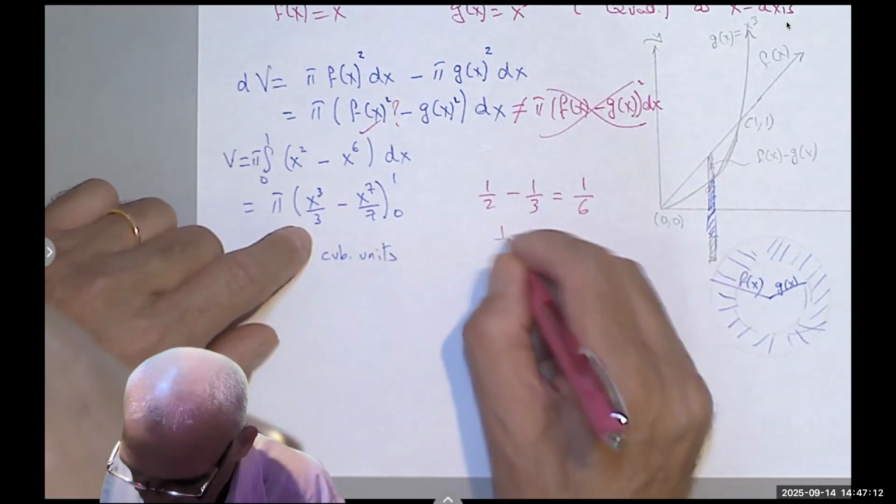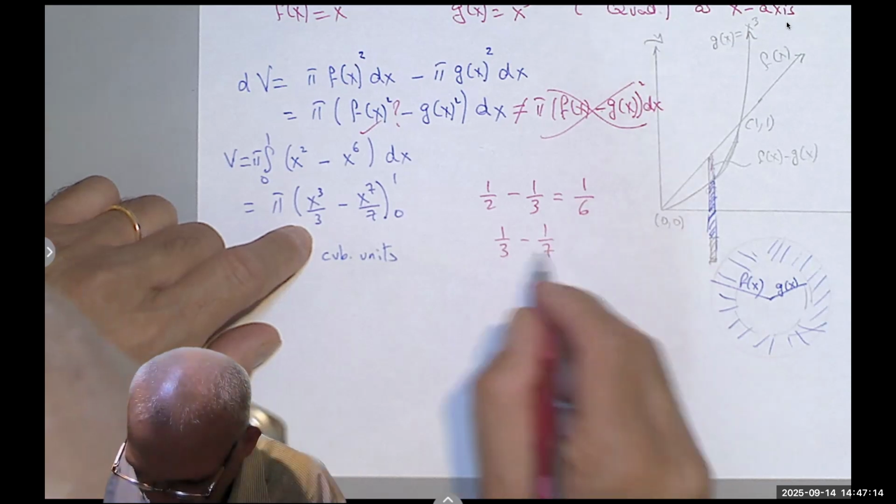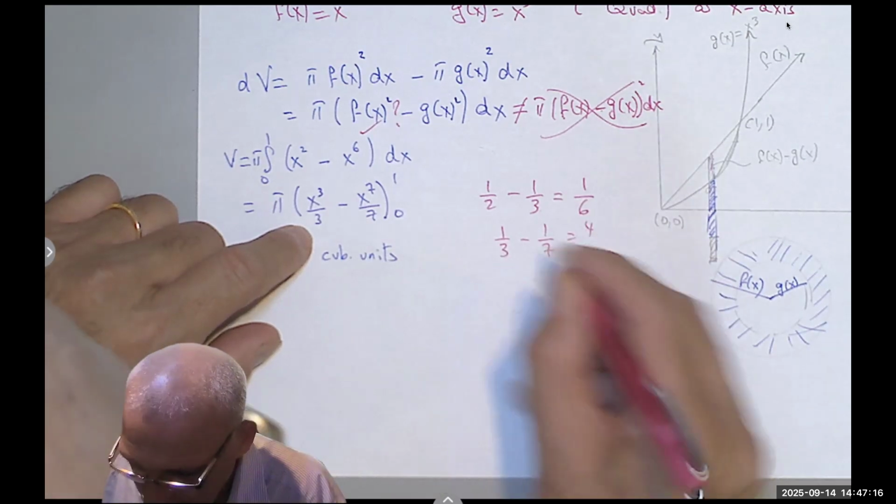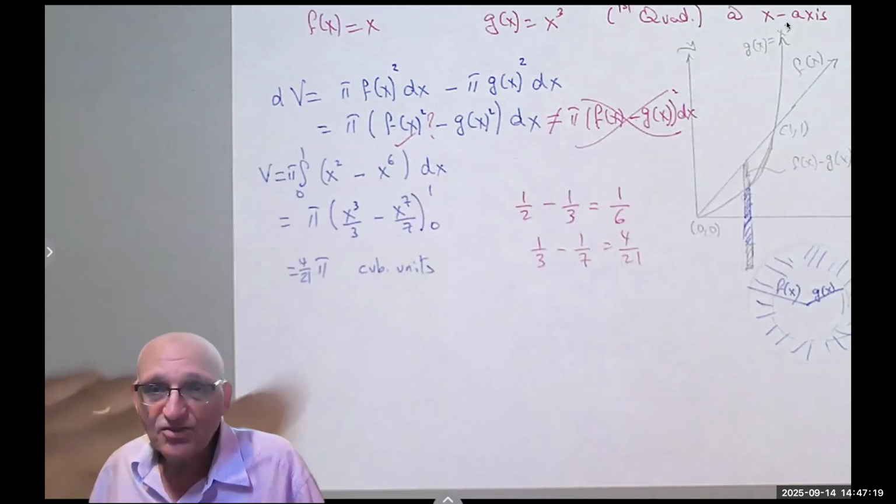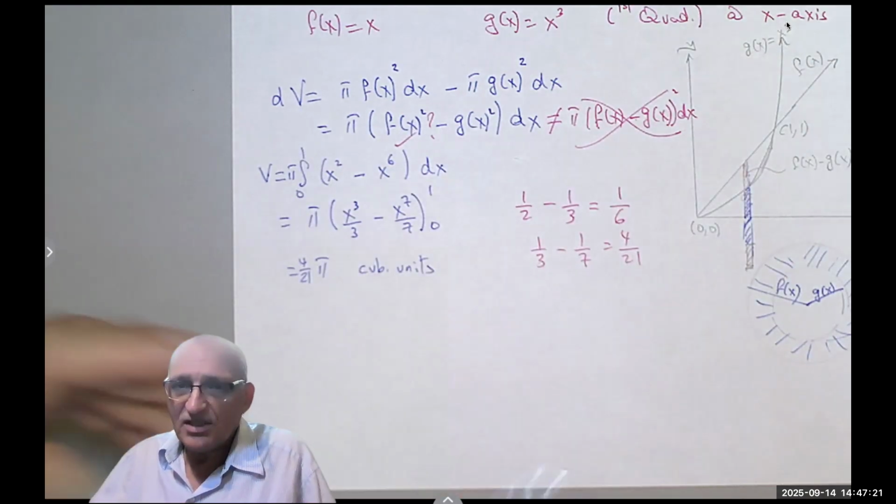So 1/3 minus 1/7, right minus left is 4, 3 times 7 is 21. You don't need to take a common factor and do it, you can do it very quickly.